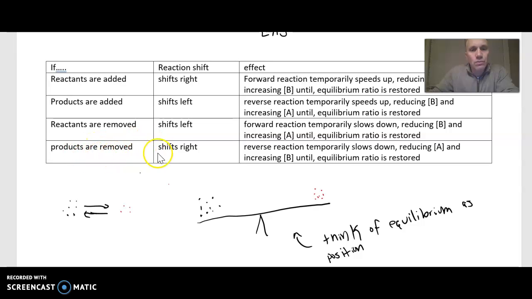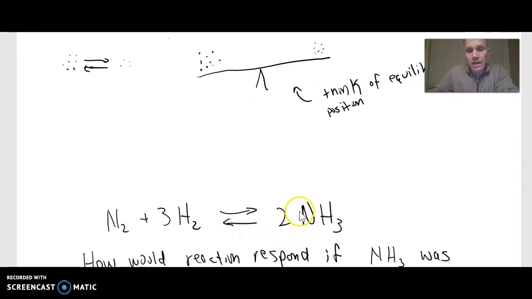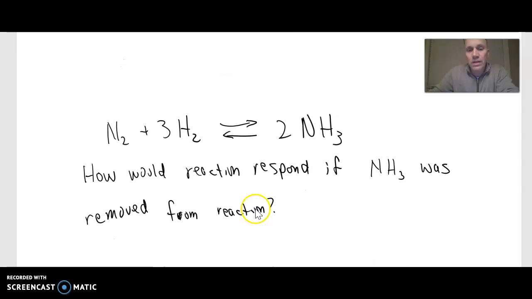If a product is removed, that means the reverse reaction is temporarily going to slow down while the forward reaction keeps on doing what it normally does. That means the right arrow is going to be larger than the left arrow. Therefore, it's going to be considered a shift right.